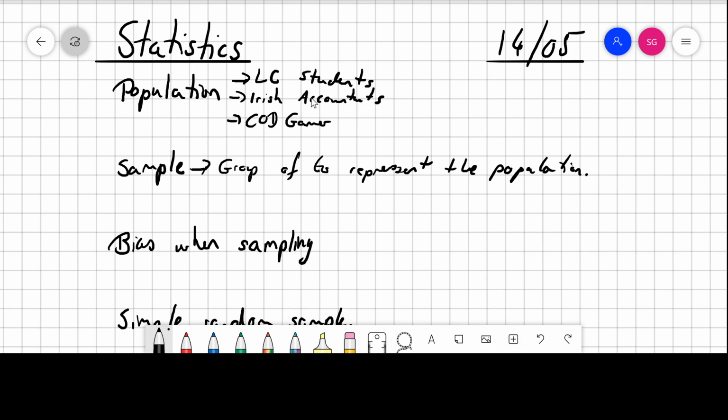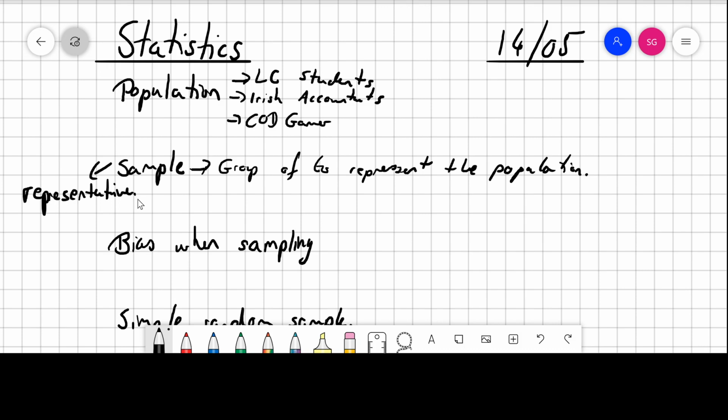And if my sample is what we refer to as representative, that means that the sample accurately has the same distribution of people, same distribution of ethnicities across the sample as you would see in, let's say, Leaving Cert students.